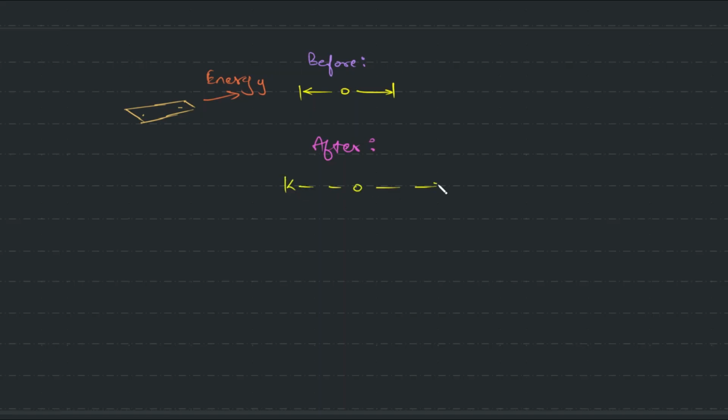Okay. So if you give some energy, say energy in the form of a gas, and I see a molecule moving this much before, and this is after, and you see that it moves further away, it is moving faster.